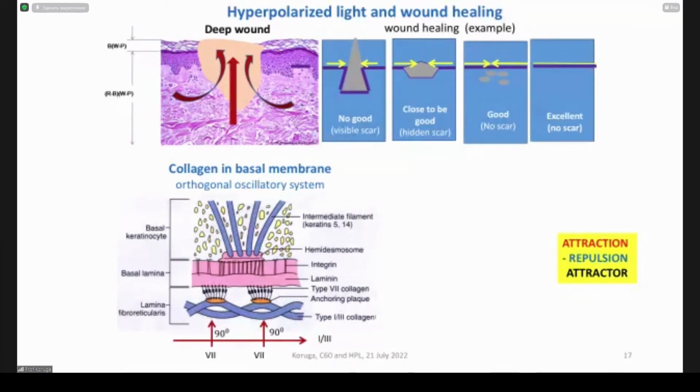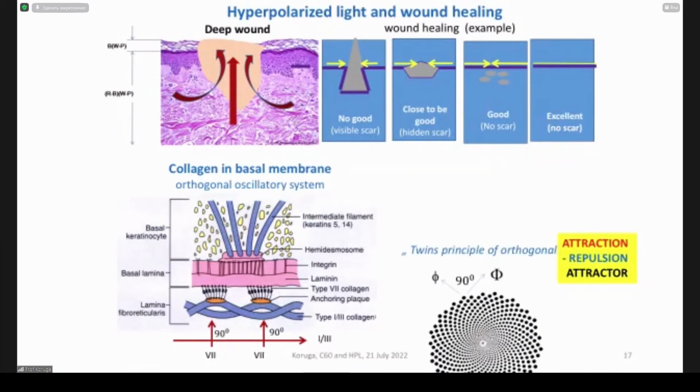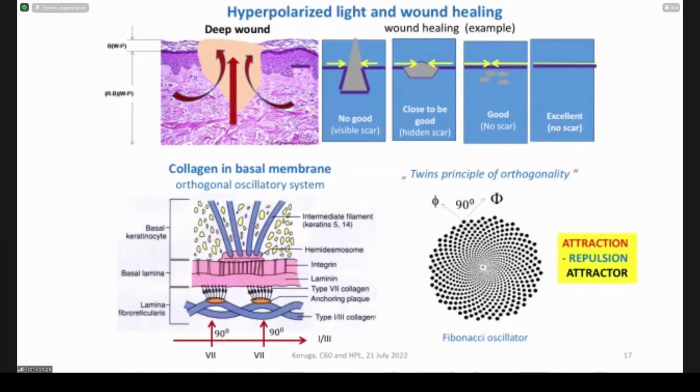That oscillation is perpendicular, and our device, our light, is also perpendicular and can regulate that mechanism.